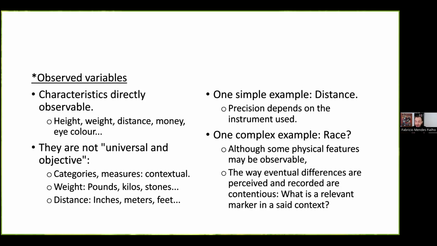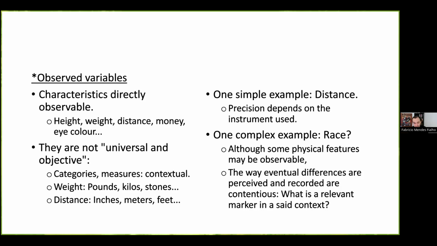Observed variables may look like they are universal in how they are measured, but that's not exactly the case, right? The categories and measures and the numbers and the symbols we assign to different observed variables will certainly vary depending on the context. For instance, simple things like measuring the weight of a pen, you can do it in pounds, kilos, stones, and many other different scales and ways to register that information.